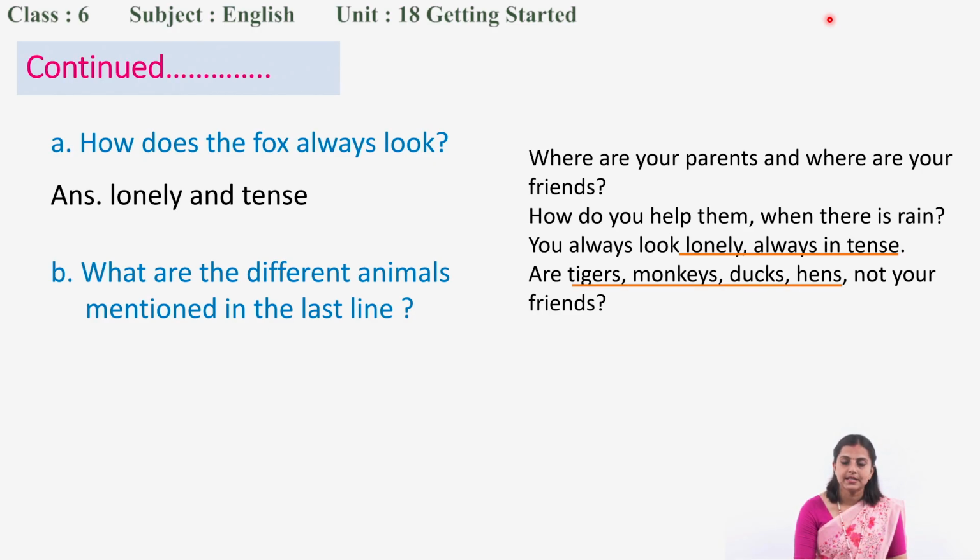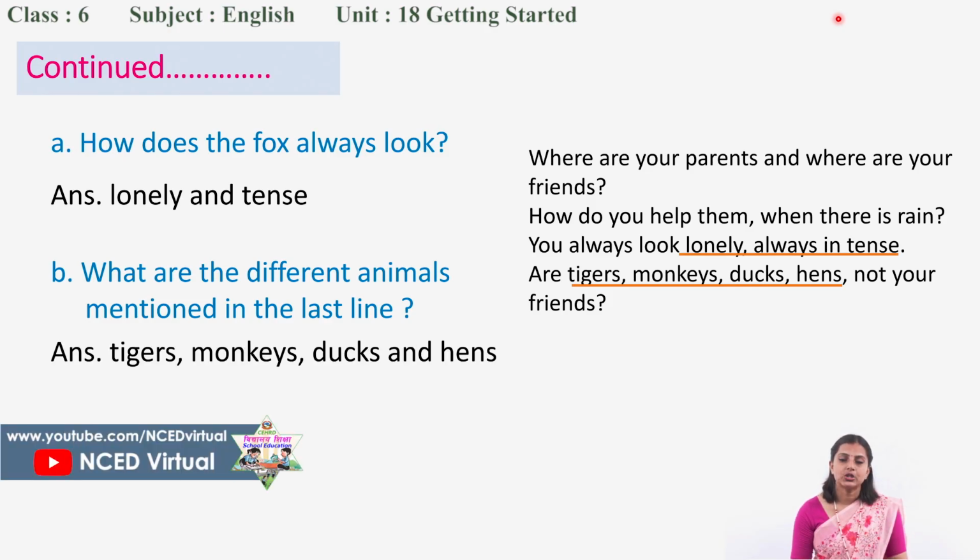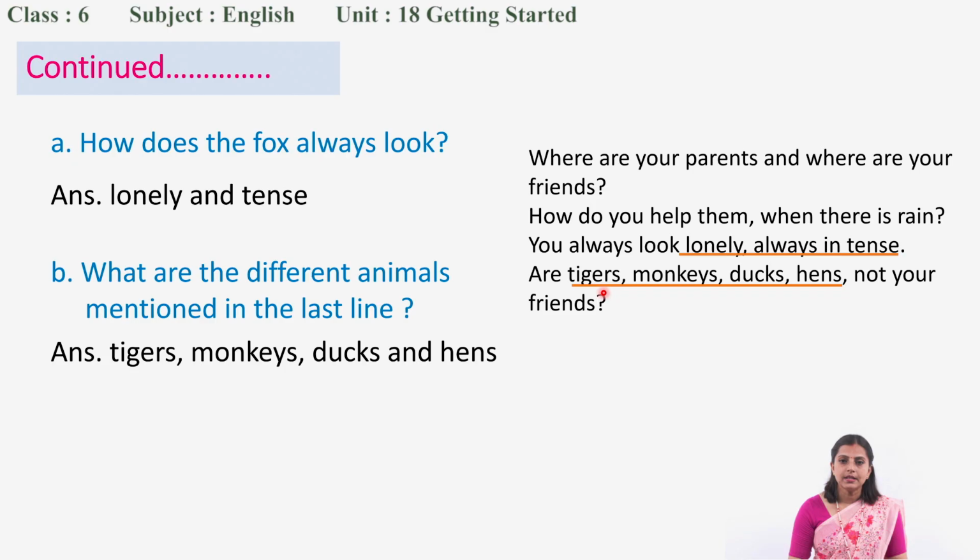What are the animals? Yes, tigers, monkeys, dogs and hens. These are the animals which have been mentioned in the last line. Yes, exactly. Tigers, monkeys, dogs and hens.